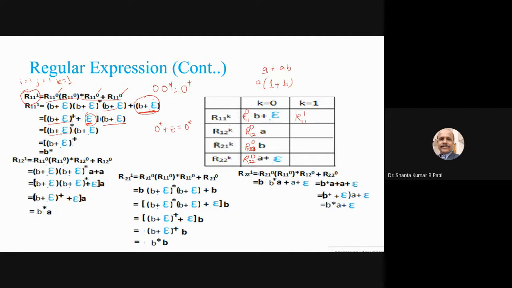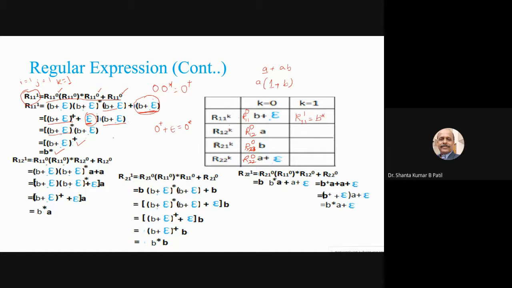In place of 0, b plus epsilon is there, 0 star is b plus epsilon star. So you can write this as b plus epsilon whole plus. So b plus epsilon whole plus is b star. So R11 power 1 is now equal to b star.